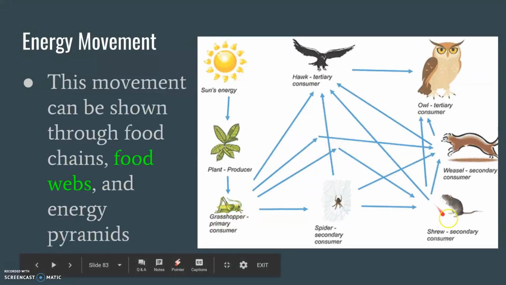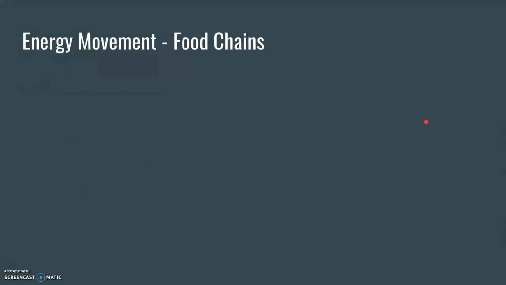It can go into the shrew's stomach, or it can go into the spider's stomach. So that's kind of how this is working. The spider could go into the hawk's stomach. It could go into the weasel's stomach, or it can go into the shrew's stomach. You see here the only thing not being eaten is this owl, the biggest consumer on here. So nothing eats this owl in this particular food web.